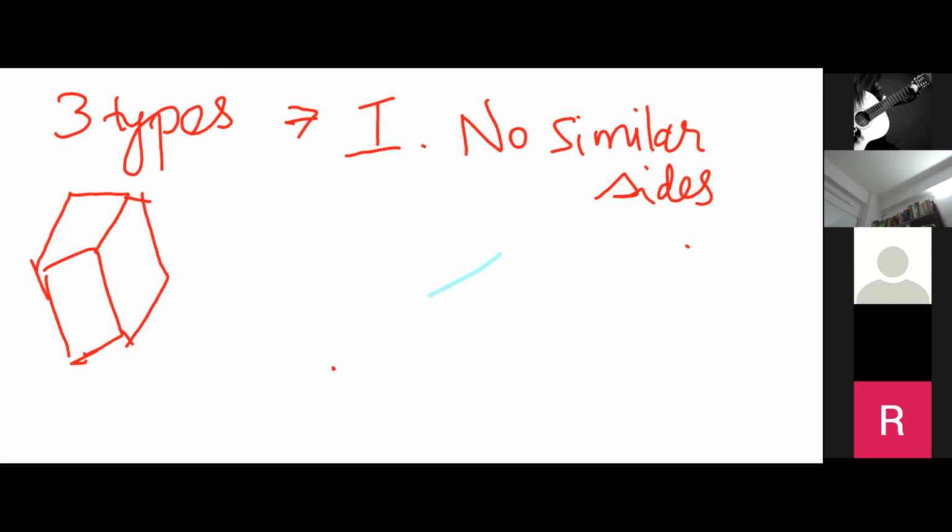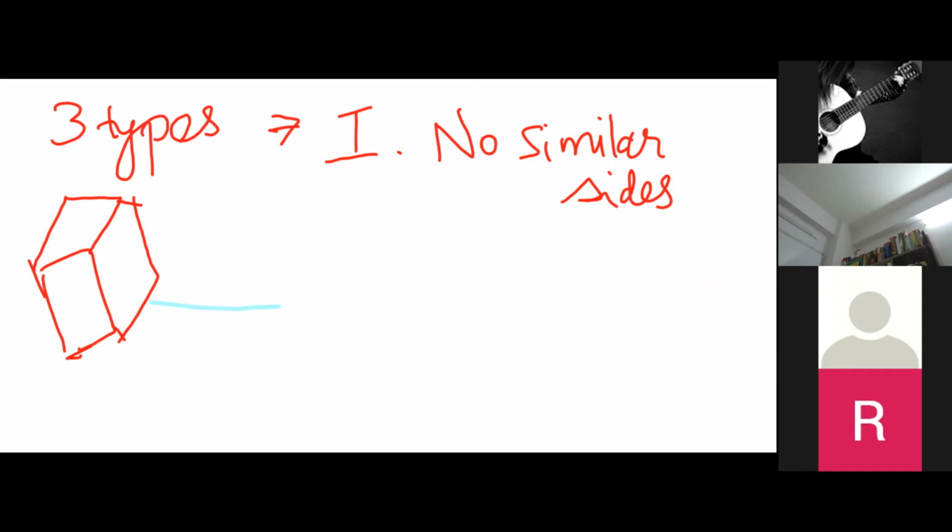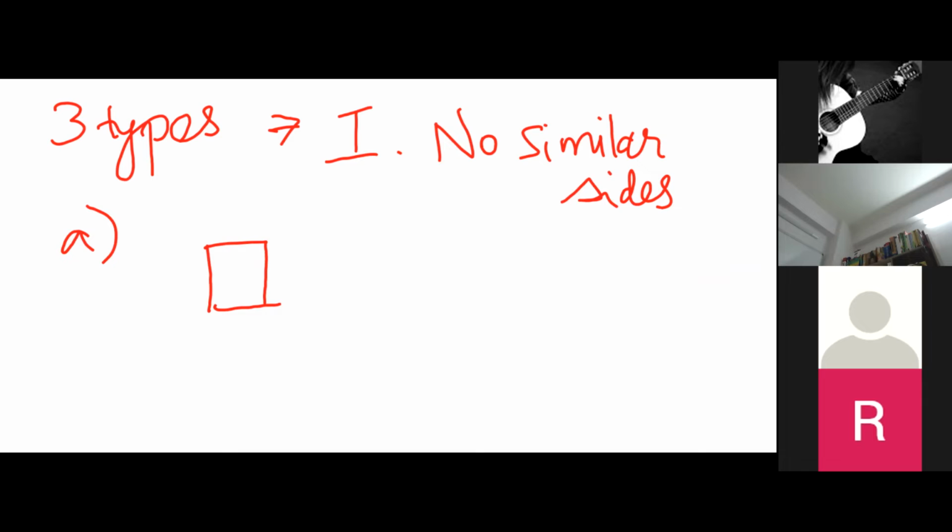No similar sides. So for this question, let us solve with the first diagram of a dice alone. Here only 3 faces are visible to me. I'm writing this. So now if the question is, what is the opposite side of 3?